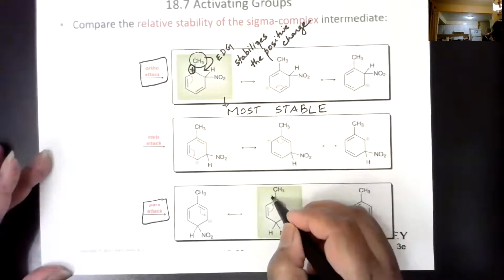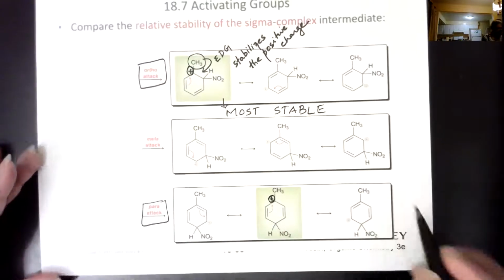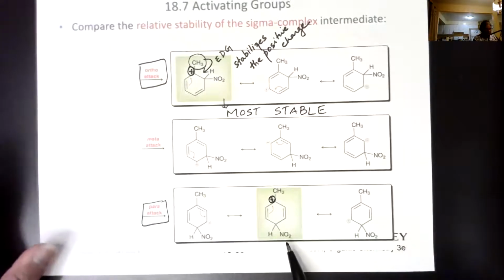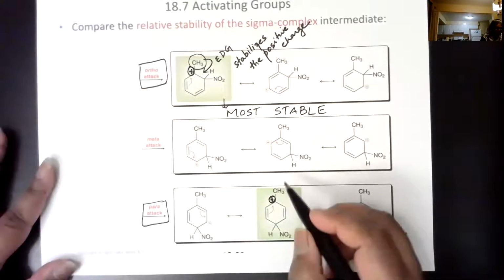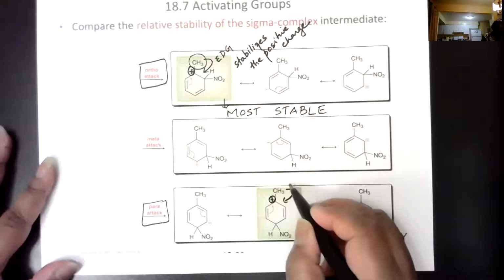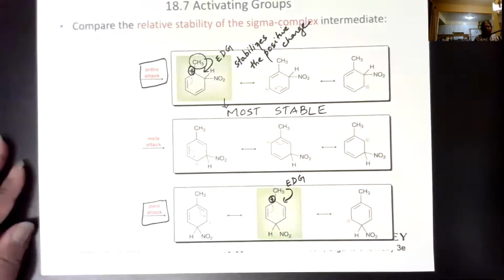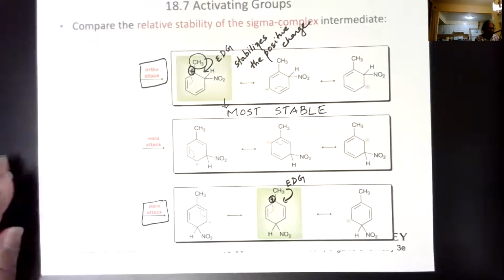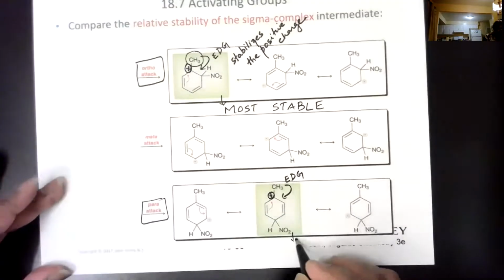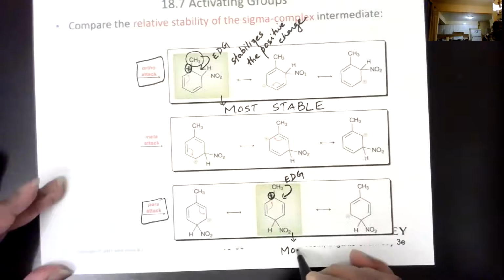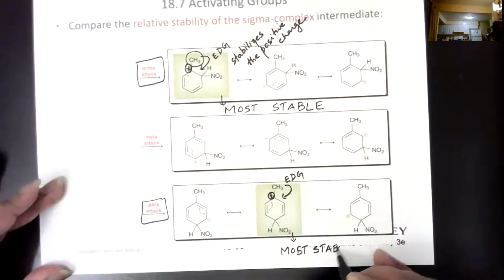And also, this positive charge for this resonance structure is adjacent to the electron donating group or the activating group. And therefore, this is more stable than the other two. And of the three, this is the most stable.